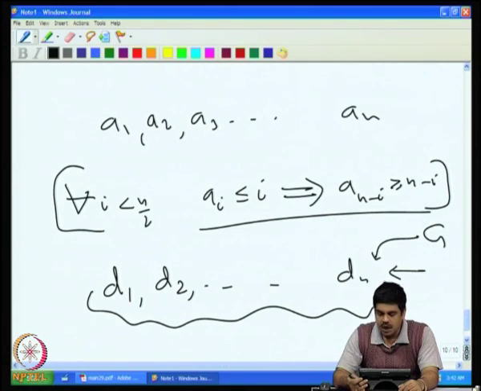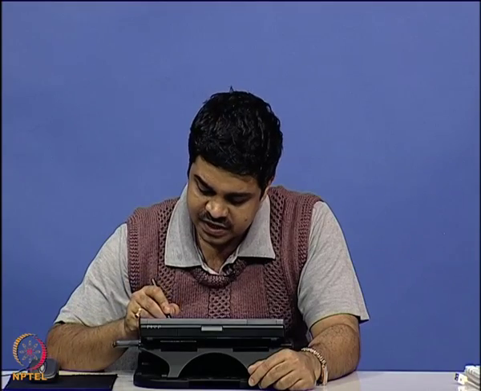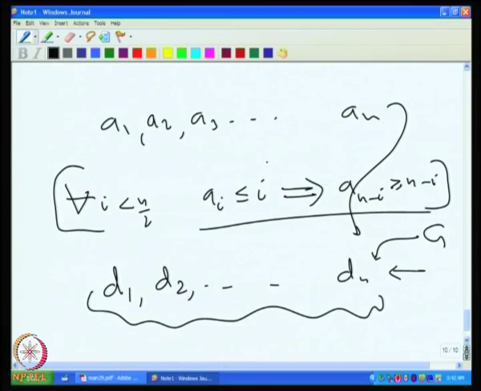We will pick up that degree sequence and a graph corresponding to it, such that it has the maximum number of edges possible. Among all the possible degree sequences which are pointwise greater than the given degree sequence a1, a2, a3, up to an, we will pick up the one such that the corresponding graph has the maximum possible number of edges.